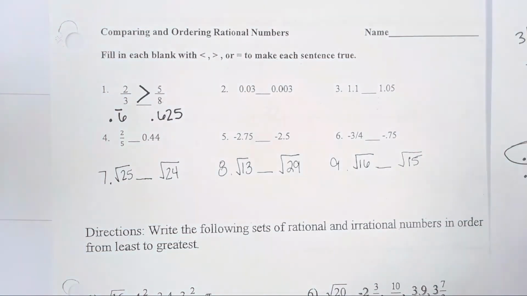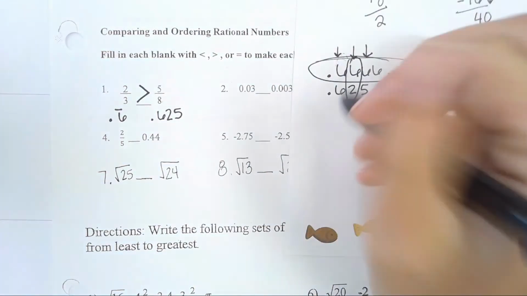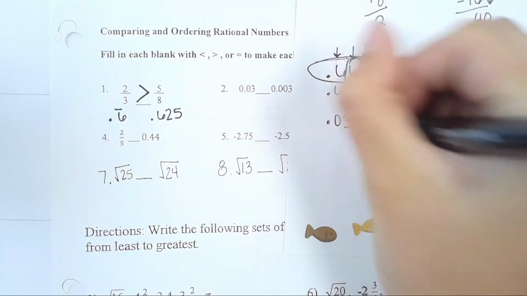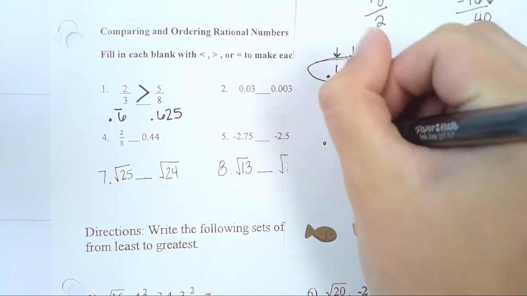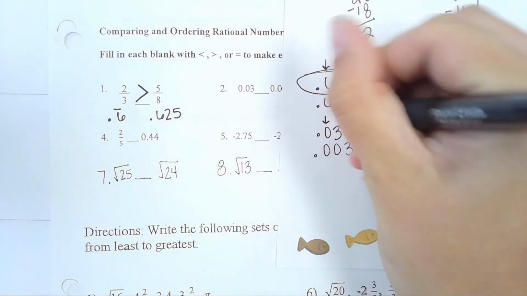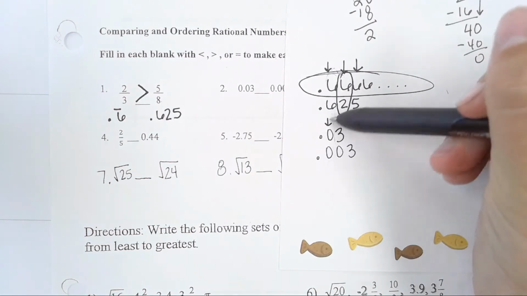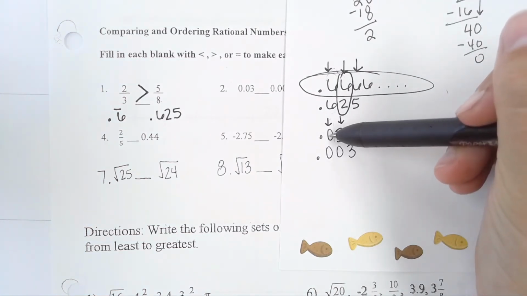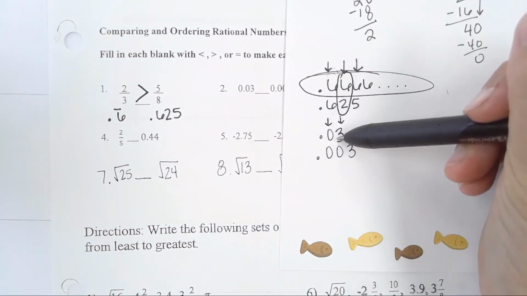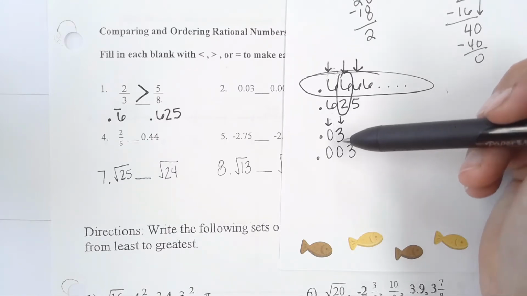Alright, so next one, notice how they are already decimals. So again, if you don't know which one's bigger, try lining them up. So we have 0.03 and then we have 0.003. So once again, you're looking at the position. So in the first position, in the tenths place, they're both 0, so that's not going to help us. So then you move on to the next column. In the hundredths place, we have a 3 and a 0.